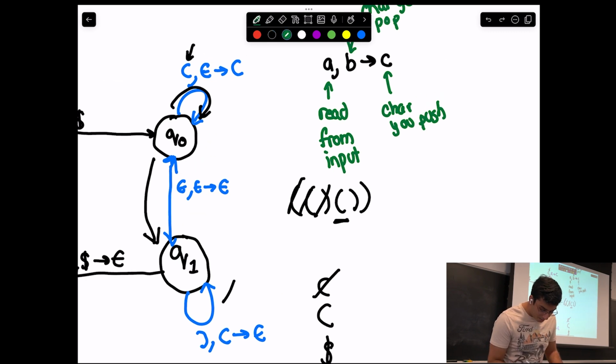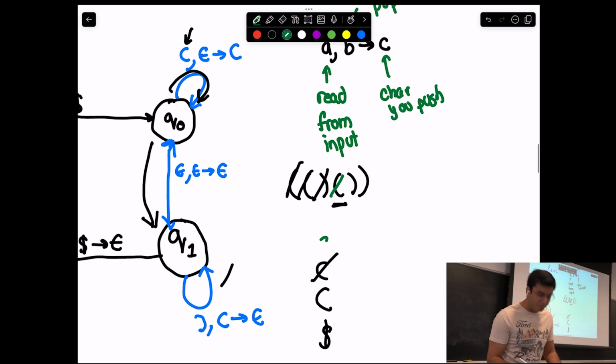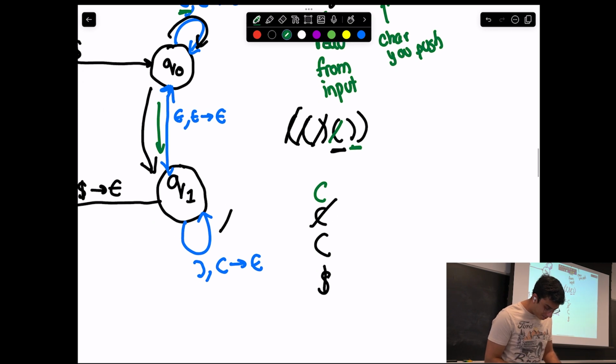We read an open parenthesis from the input string, pop nothing off of the stack, and push it onto the stack. Okay. Now there's a closed parenthesis, so again, I can't use this transition here. I need to go back down. So I consume a closed parenthesis from the input string.